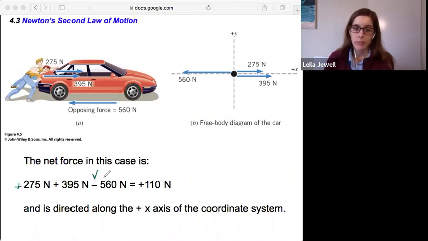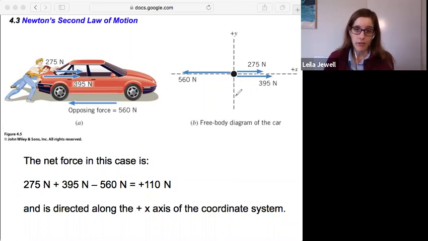The negative behind the 560 is because it's in the negative x direction, right? So we subtract that, and the resultant of this is 110 newtons, and notice it's positive 110 newtons because there's more force pulling in the positive x direction. So once again, plus or minus just tells us about the direction. So this is directed along the positive x-axis of the coordinate system.